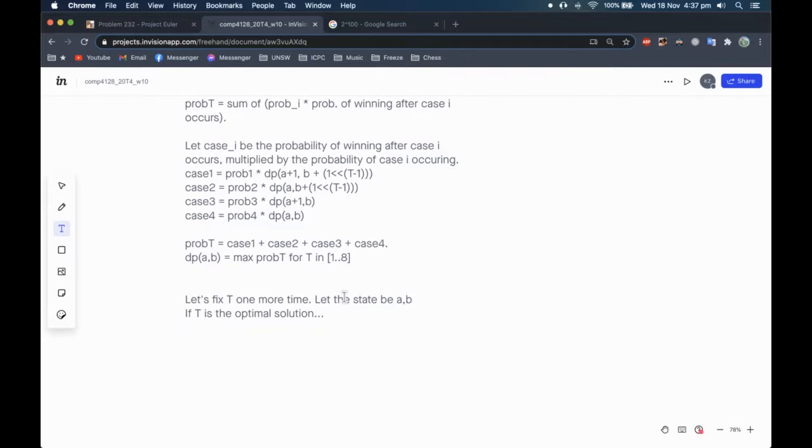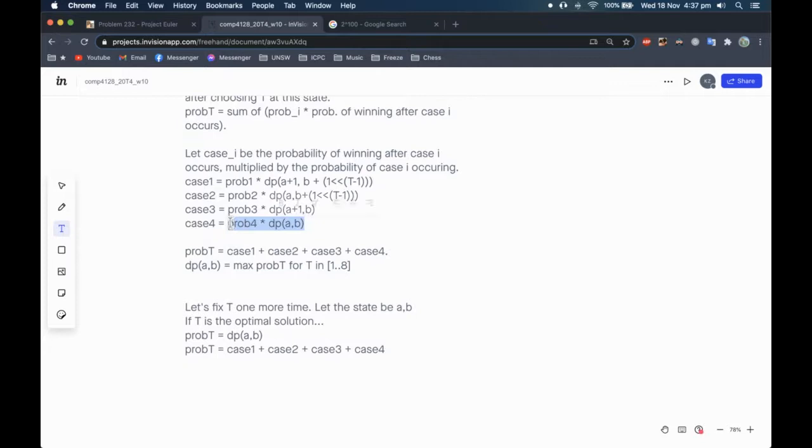If this is the optimal solution, then prob t is equal to dpAB. So since we have this thing here, case 4 is equal to prob 4 times dpAB, and prob t is just equal to dpAB as well.